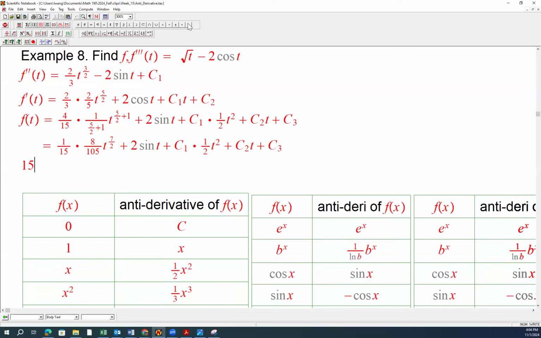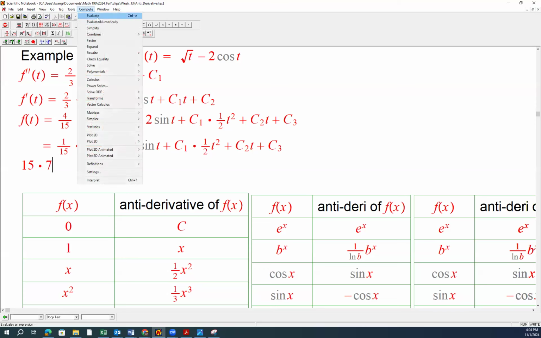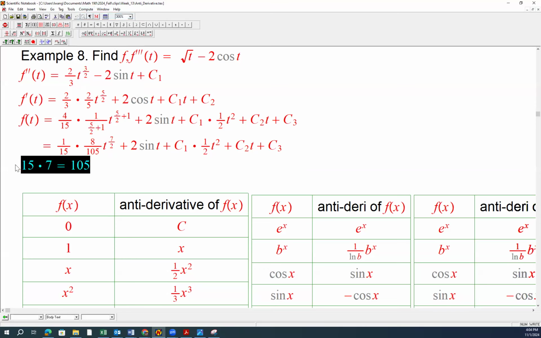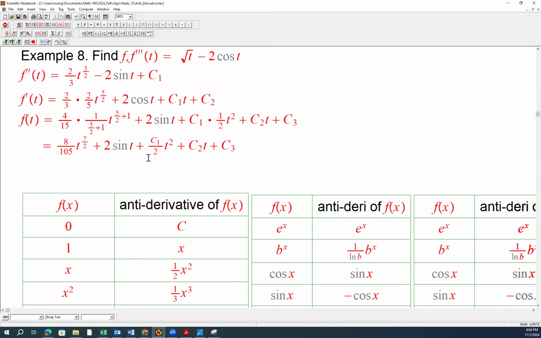My mind is not working. 105. Okay, we're right. Then 2 times sine t, c1 times half, so this is c sub 1. And wait, so this could be gone. Okay, and we're done.